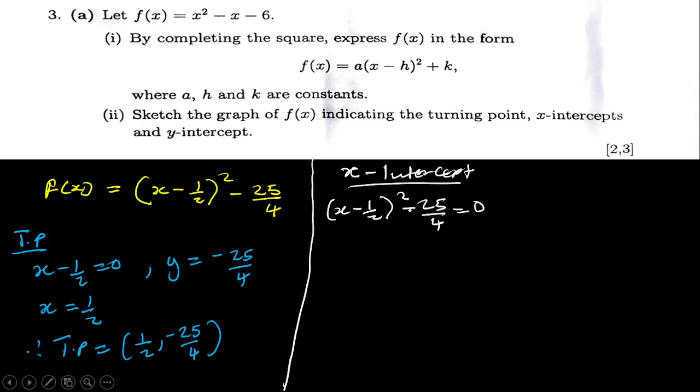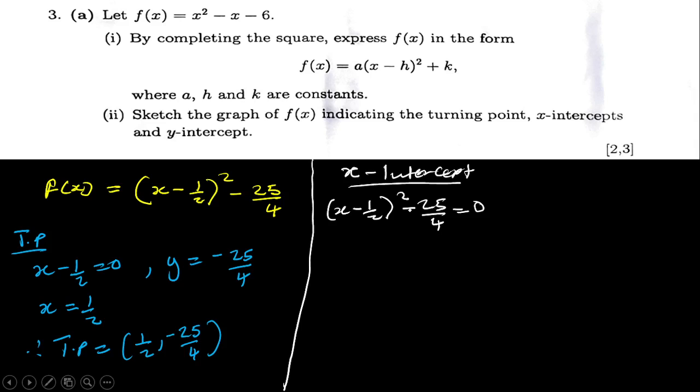Let me just finish up the question and then I'll upload the class on our channel. So this guy will go to the other side. So this will be (x minus 1 over 2) squared equals 25 over 4.